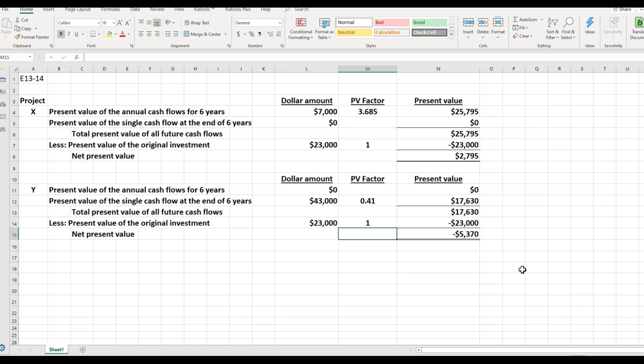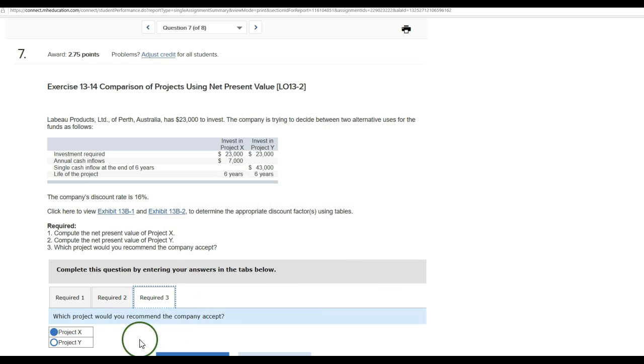Compare that to the next project that generates a negative present value of over $5,000. So project Y does not generate a 16% return. It's something less than 16%. So clearly you would want to choose project X because it has a higher, in this case much higher, net present value than project Y. So the answer here, requirement 3, is project X.